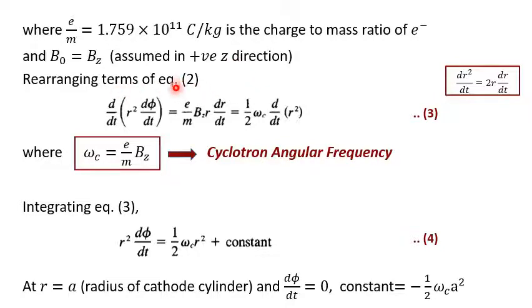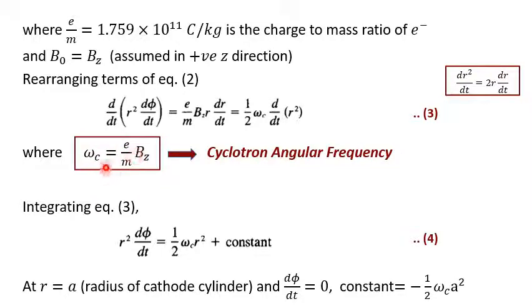By rearranging the terms of equation 2, we get d by dt of (r squared d phi by dt) is equal to e by m B_z r dr by dt, which is equal to 1 by 2 omega c times d by dt of r squared. Here we are using the fact that the cyclotron angular frequency is defined as e by m times B_z.